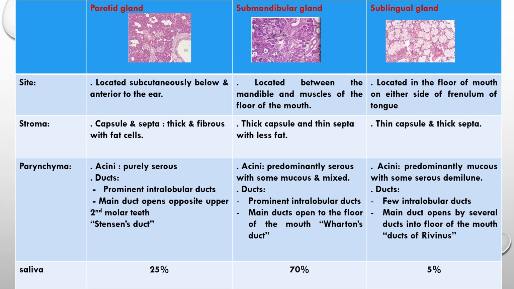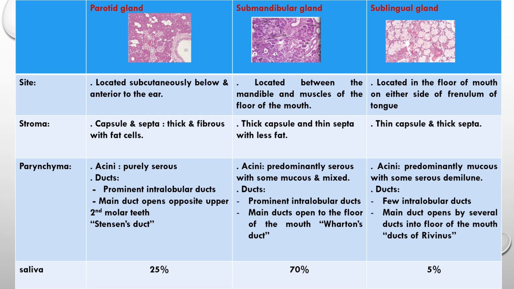In the sublingual salivary gland, the capsule is thin and the septa are thick. Okay? In parotid gland, the septa and capsule are thick. Submandibular gland, the capsule is thick while septa are thin. In sublingual gland, the capsule is thin while the septa are thick.